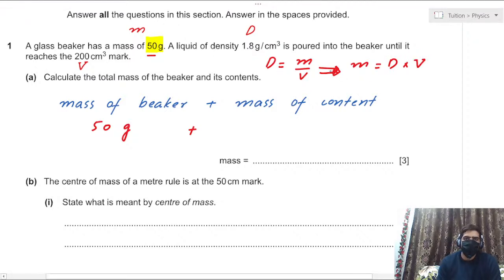The density is 1.8, which we get from here, and the 200 cubic centimeters we get from here. So 1.8 times 200 is 360 grams.